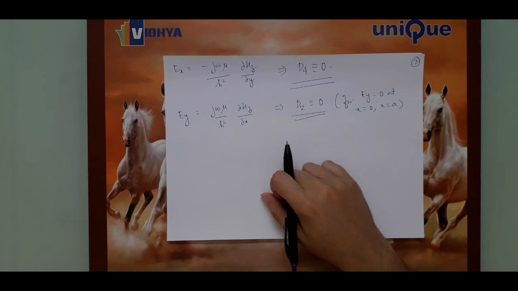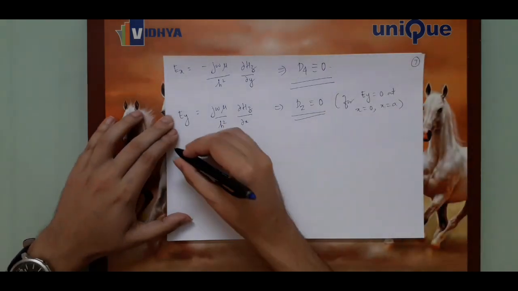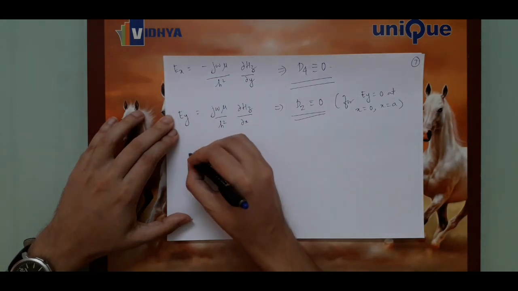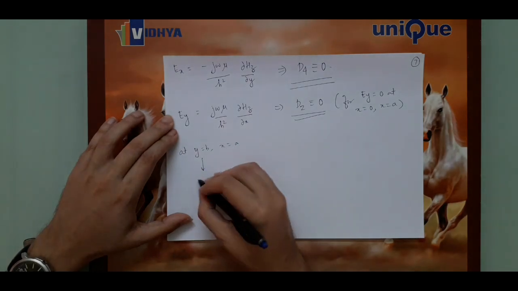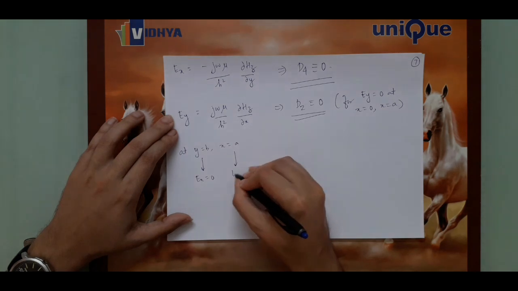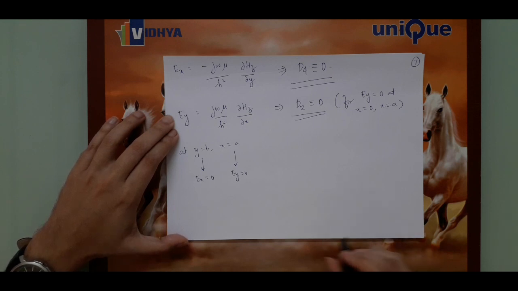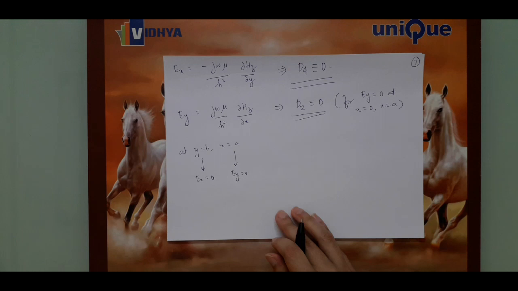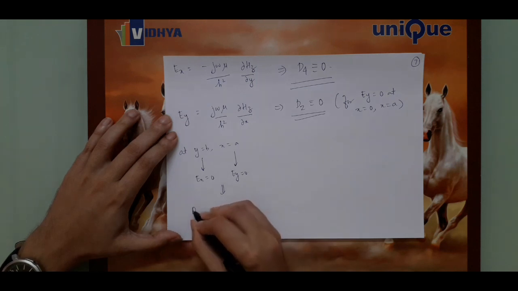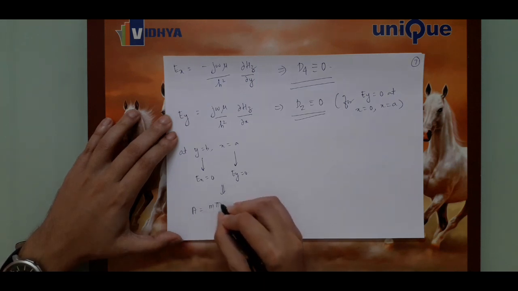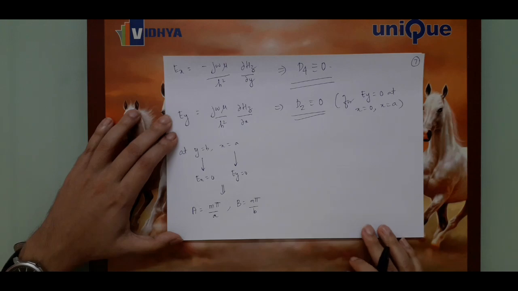Likewise, we can also say that at y equal to b, once again you can prove that this capital A and small b will be like this, very similar to the case of TM.